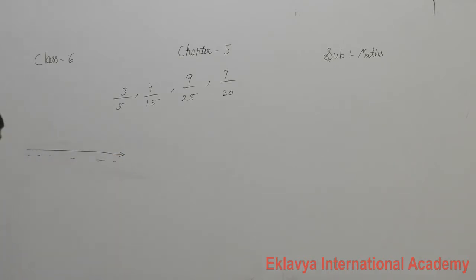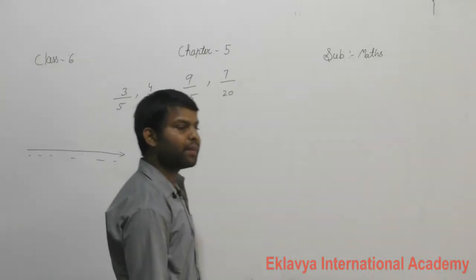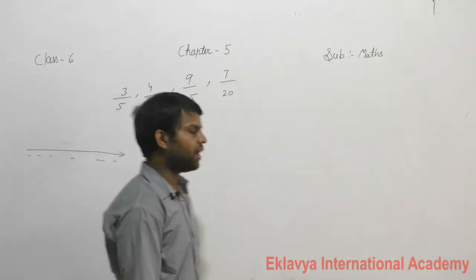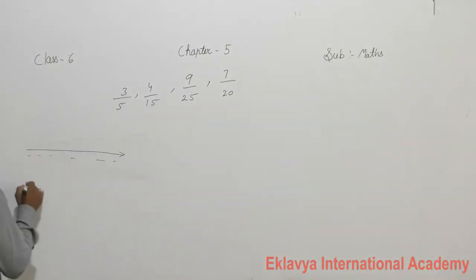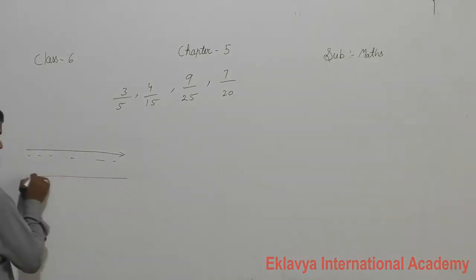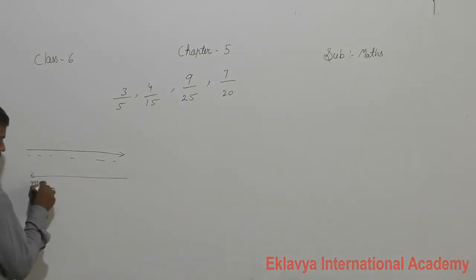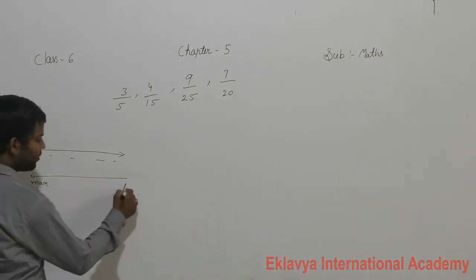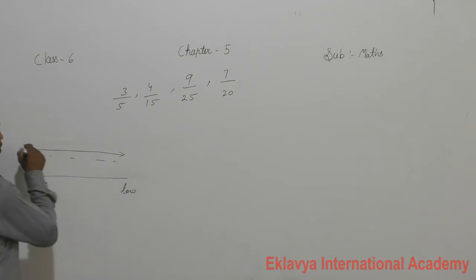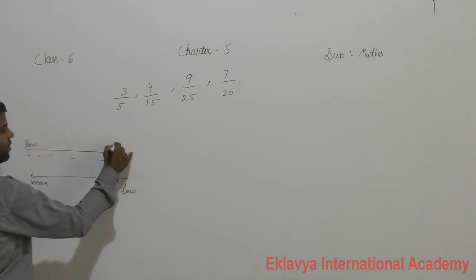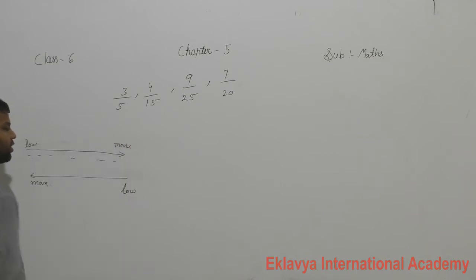But in descending order, first we write the maximum value, then we write the lowest value. Here we write the maximum value first and the last value is the lowest. In ascending order, first we write the lowest value, but at last we write the maximum value.